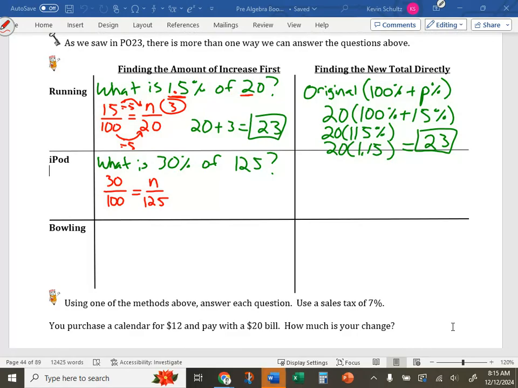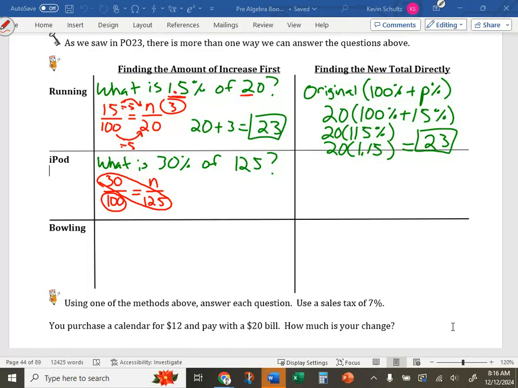Well, you could use the multiplication method here also, but going the proportion route, if there's no scale factor, what can we use to solve a proportion? What works every single time? You keep this in your back pocket, you can solve any proportion that ever comes your way. Good. Cross products, which is 30 times 125, divided by 100.